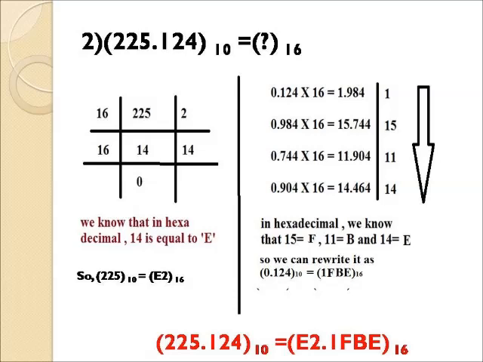Now 0.984 is the remaining fractional part into 16, which results in 15.744, where 15 is the integral part. We are separating the integral part, and instead of 15 we write F.